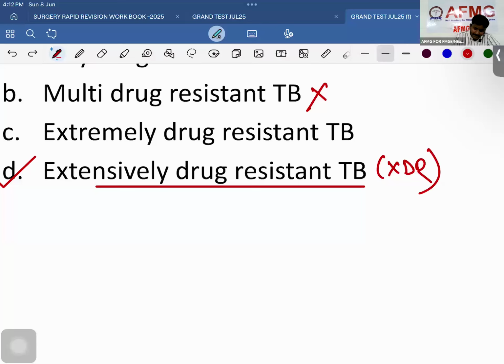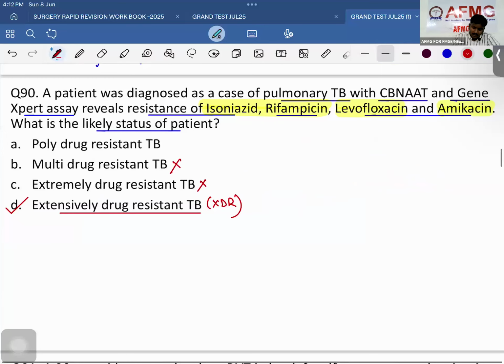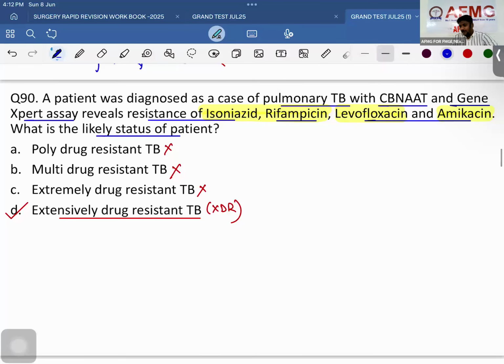Please remember, XDR TB is not extremely, it is extensively drug resistant TB. Polydrug resistant TB means resistance to more than one anti-tubercular drug apart from isoniazid and rifampicin. Those two are not counted in polydrug resistant TB. Hopefully that's clear to all of you.